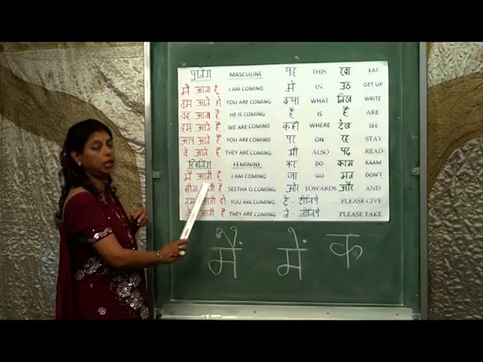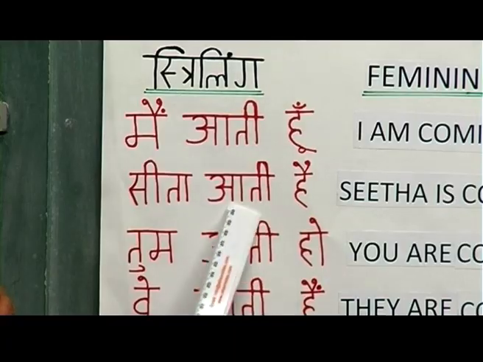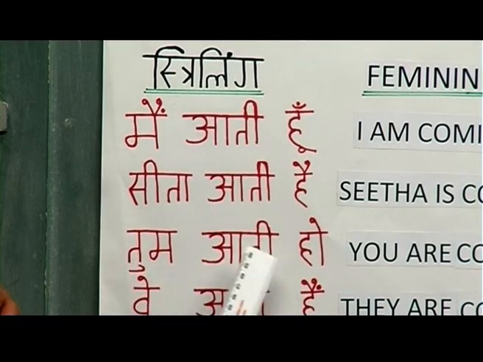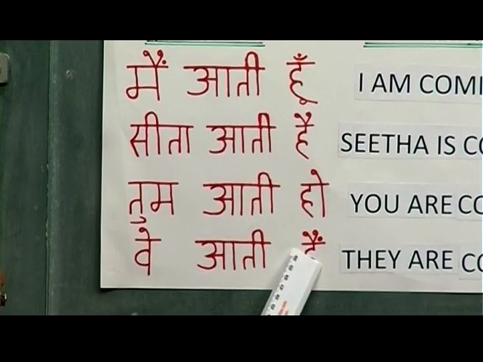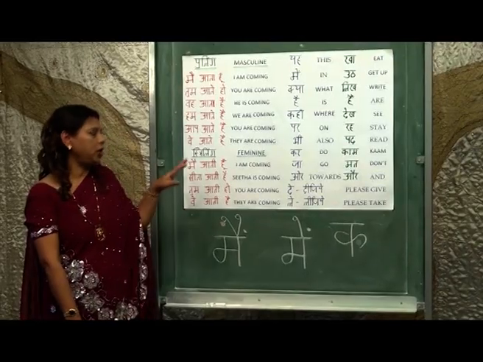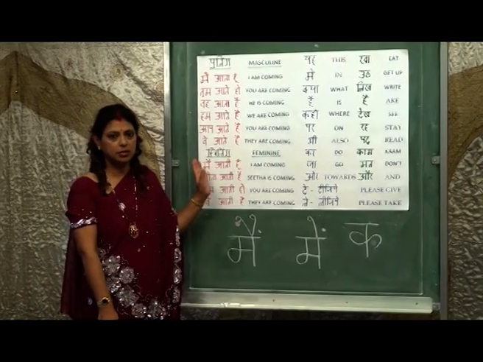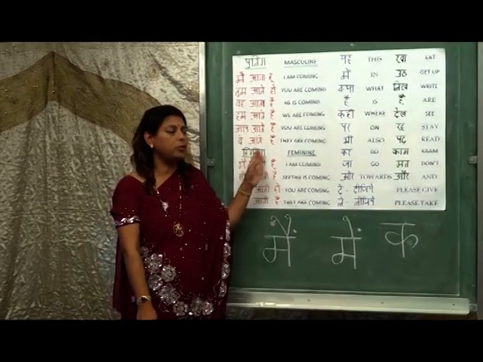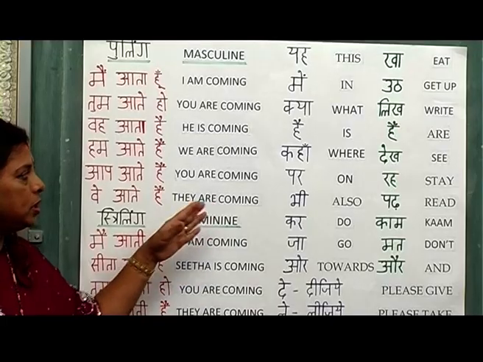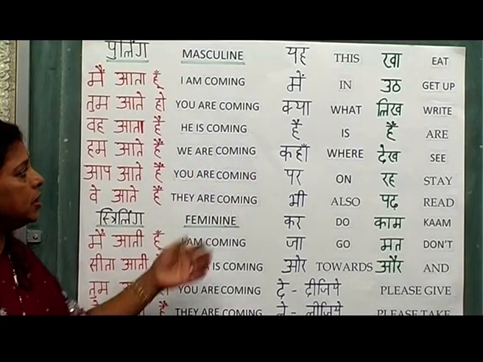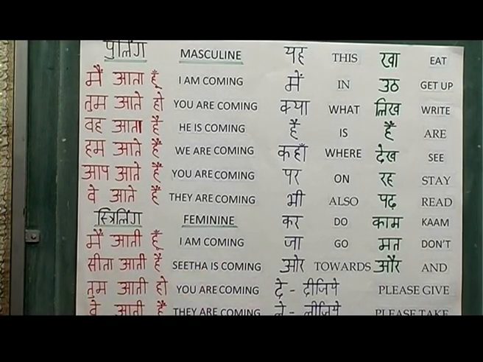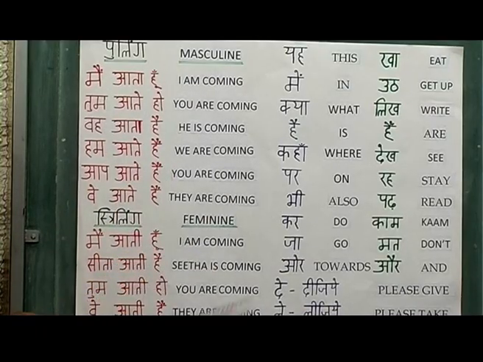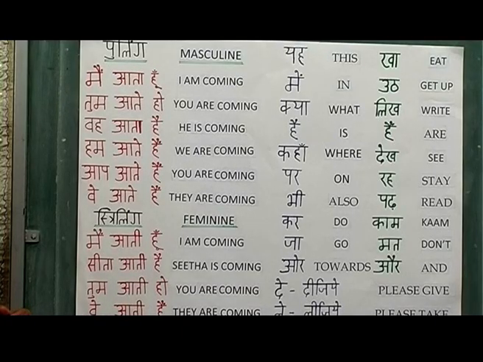It will be मैं खाती हूँ. सीता खाती है. तुम खाती हो. और वे खाती हैं. I have kept it to very simple sentences so that you may be able to start speaking using simple words. If you take another word, जा for that matter, मैं जाता हूँ. Okay, if it's in the feminine one, it will be मैं जाती हूँ.